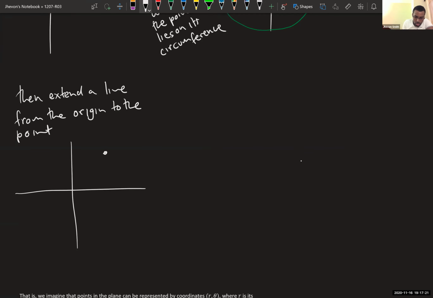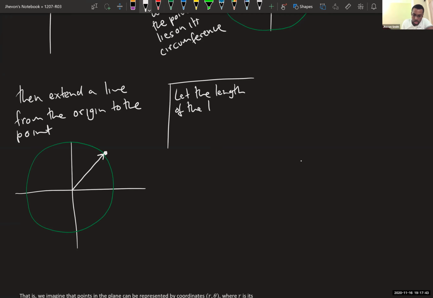So here's my point. I found a circle where that point is on the circumference, and then I extend a line from the origin to that point. Now, the important thing is we are going to let the length of the line be r.